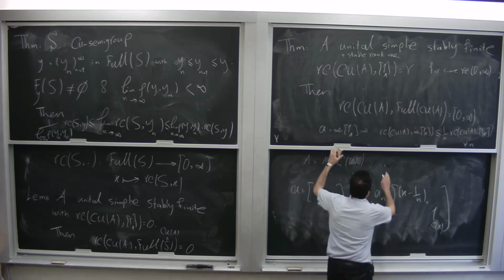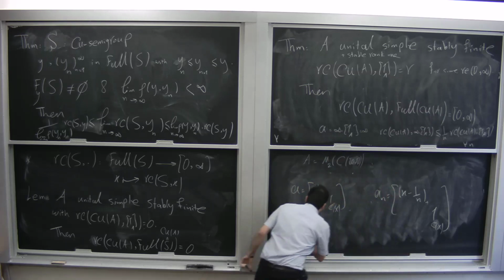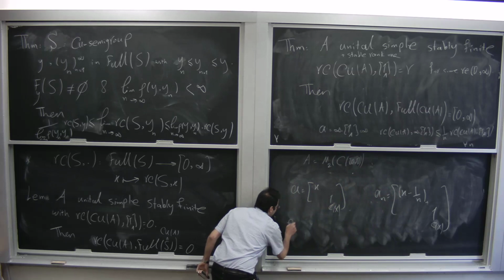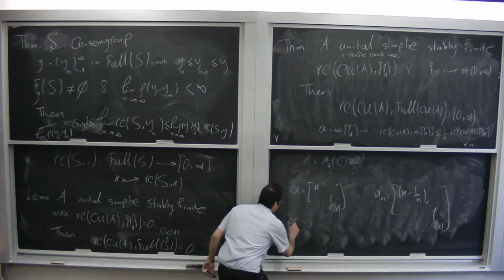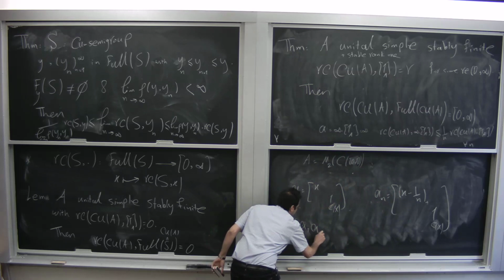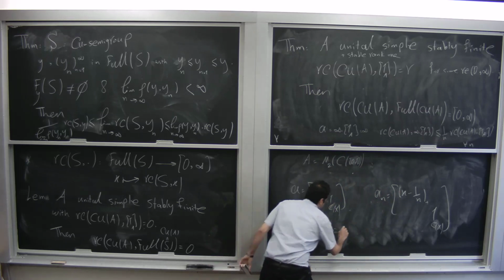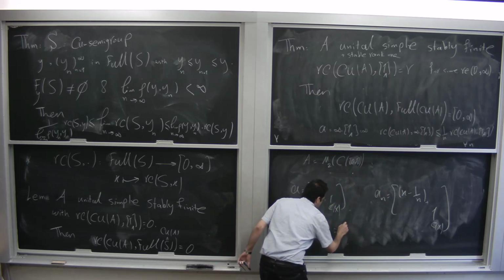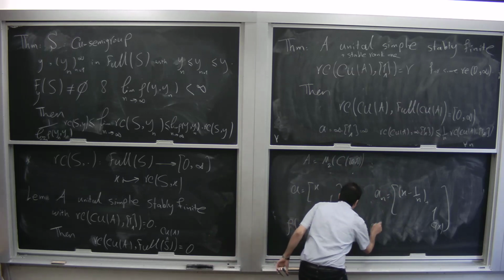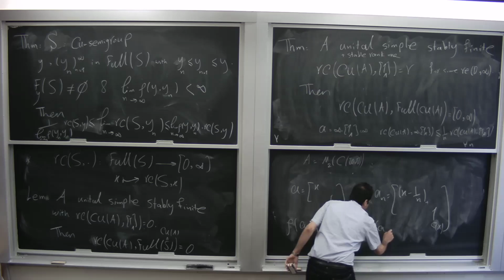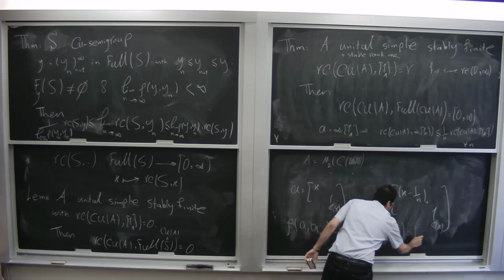So here, for example, if you compute that one, the rank ratio of A and AN is equal to 1, and the rank ratio of AN and A is equal to 1/2.